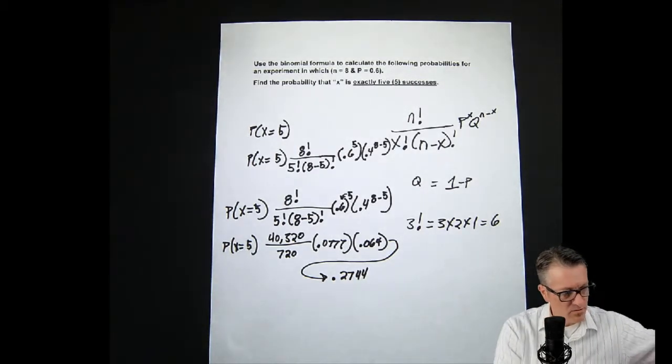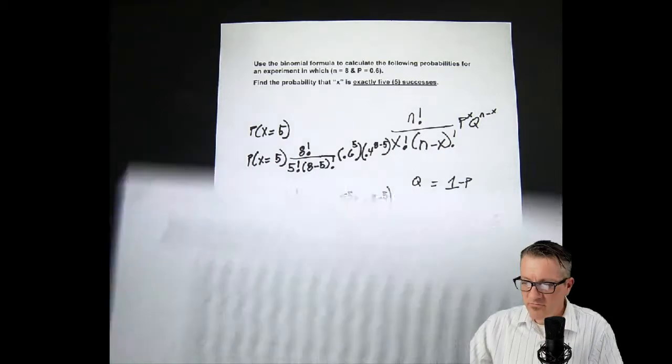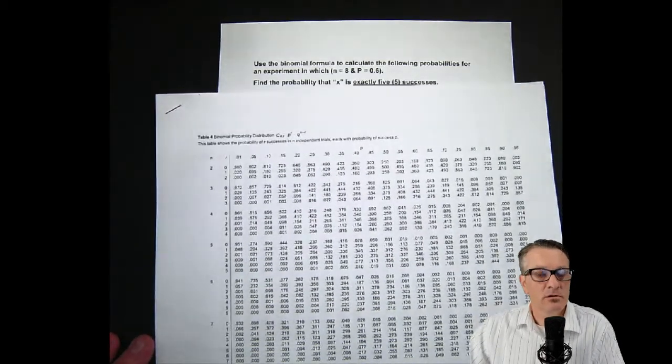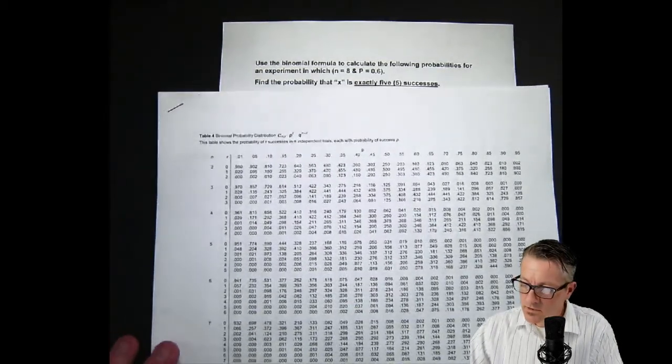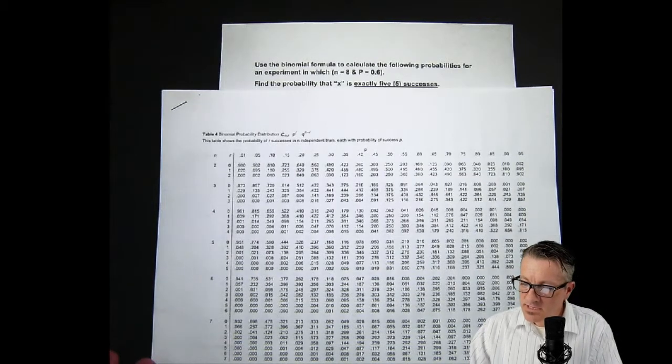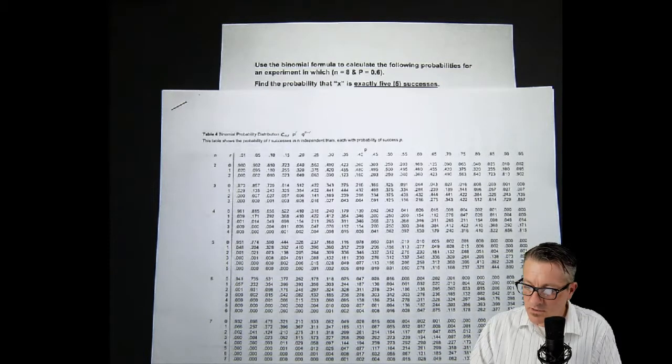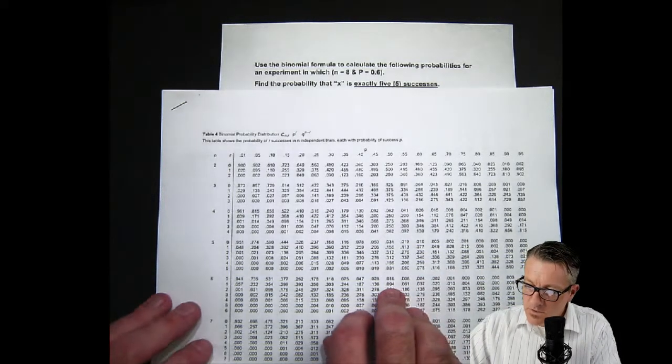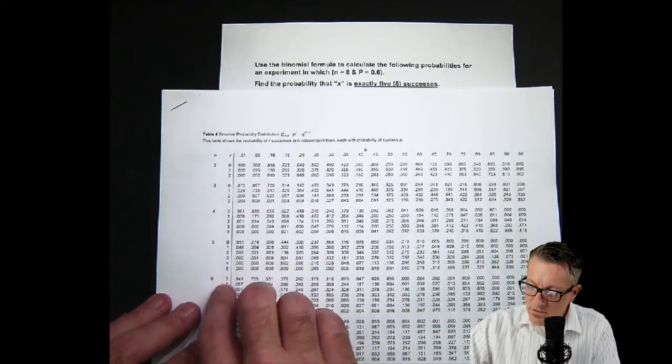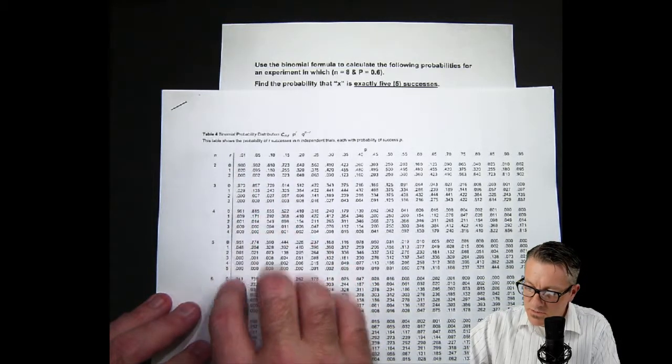To do this on the table, we have a binomial probability distribution table. This type is not cumulative. Some of them are cumulative, so you need to make sure that you know the table that you're using. Okay, so there's a couple angles to this, or a couple dimensions we could say.